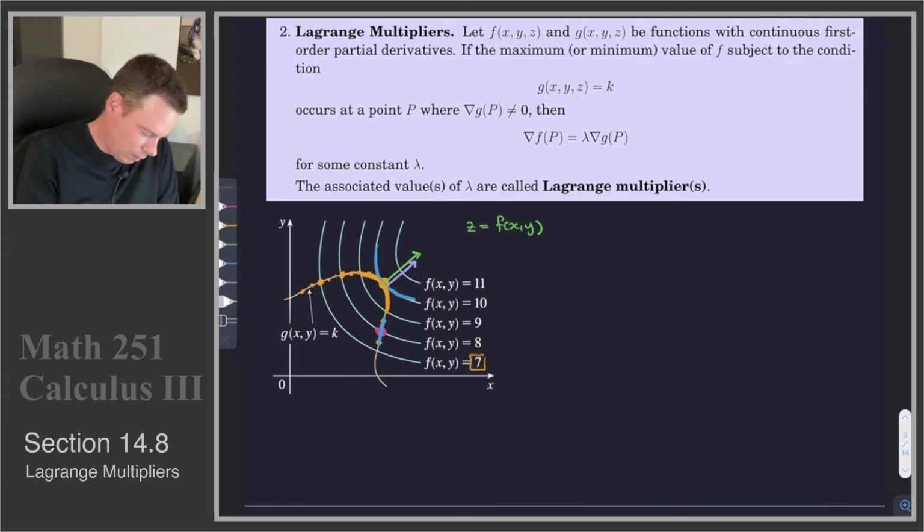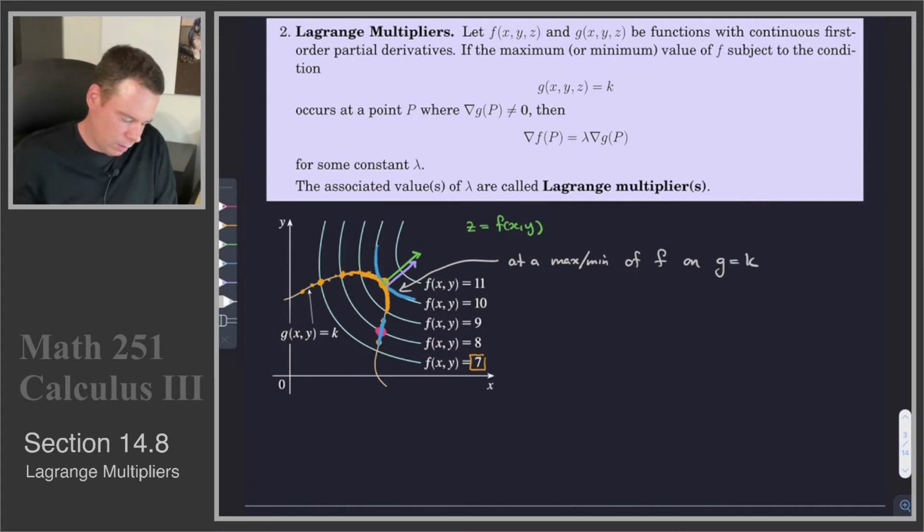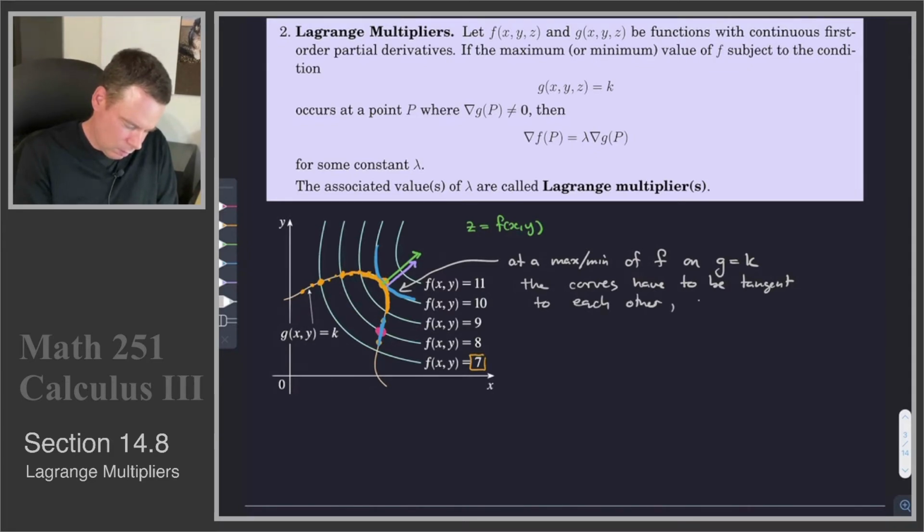So what we have is that at a max or min of f on the constraint curve, g equals k, the curves, and by curves I mean the constraint curve and the level curve, have to be tangent to each other. So their normals are parallel.